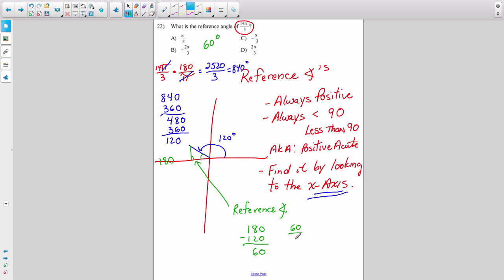Remember, when you go to radians, you put the pi on top. So I get 60 pi over 180, and when I reduce that fraction in my calculator, it turns out to be 1 pi over 3. That's choice A.